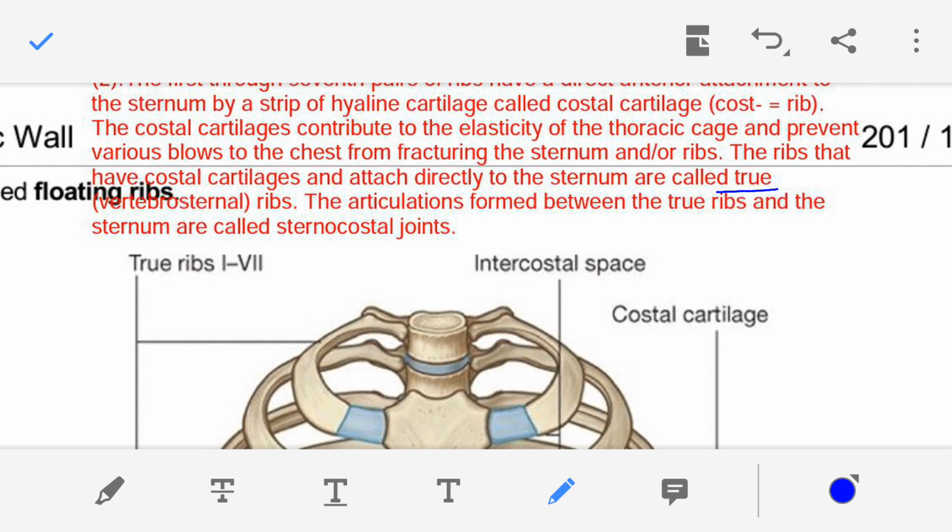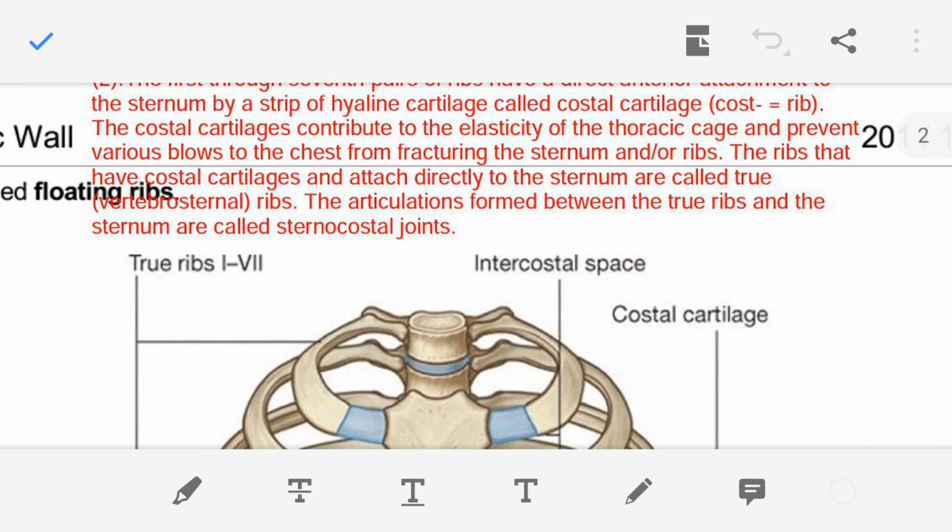What are the true ribs? The ribs that directly attach to the sternum with the help of costal cartilage are known as the true ribs or the vertebrosternal ribs.